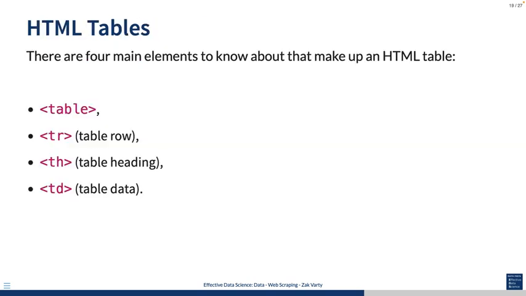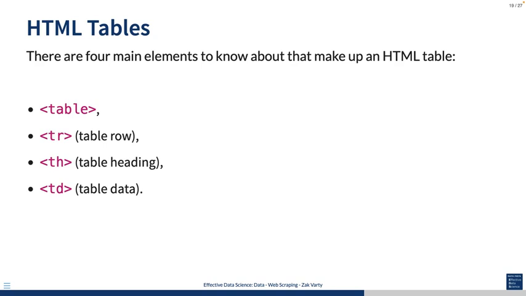So moving on now to that really nice case, let's consider the ideal scenario where the information you want is already formatted in a nice HTML table. A table in HTML is composed in a similar nested manner to LaTeX tables. There are 4 main elements to know when trying to make up an HTML table.